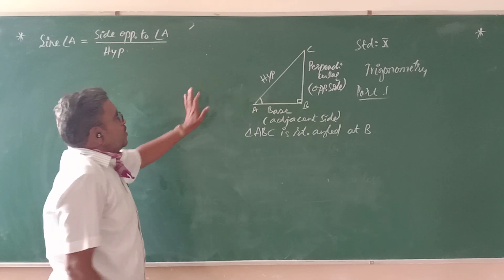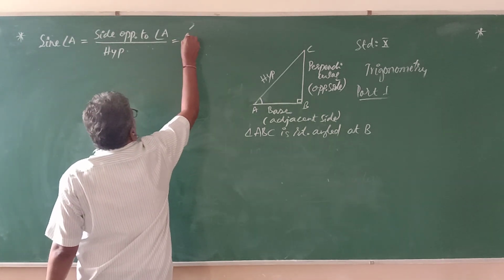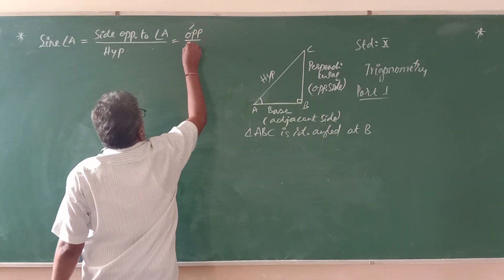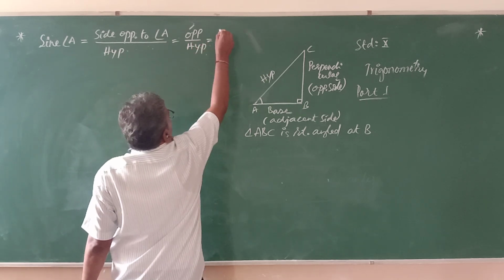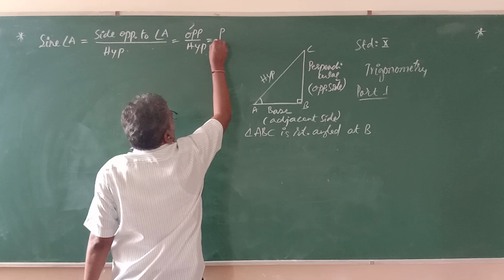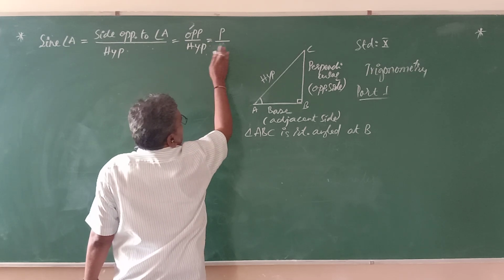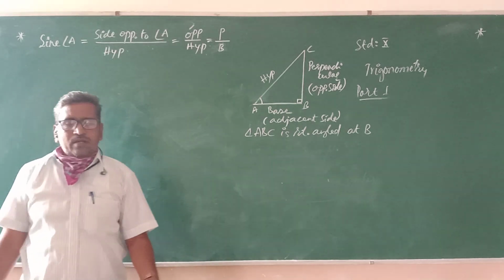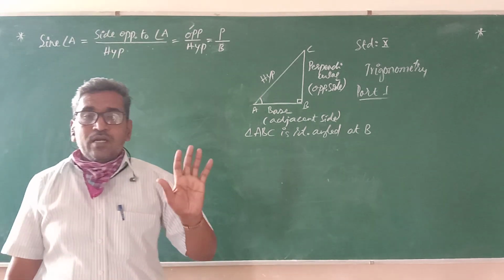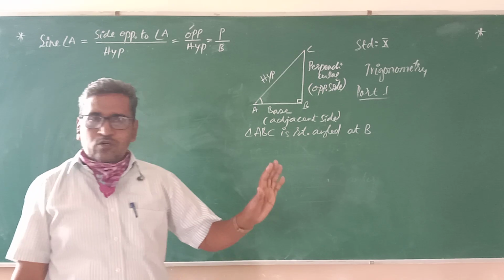This is sine of angle A: opposite upon hypotenuse. We can write opposite, meaning perpendicular, denoted by P, divided by hypotenuse. So we are going to remember opposite upon hypotenuse related to that acute angle.